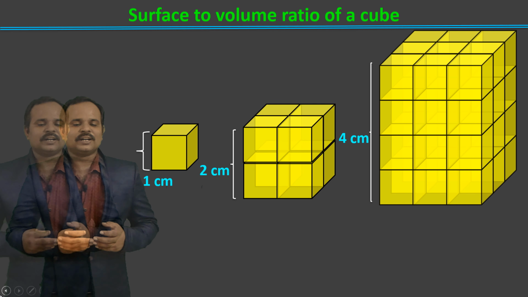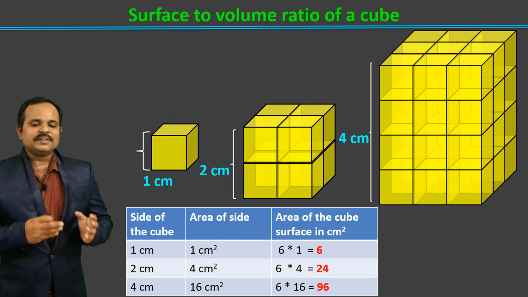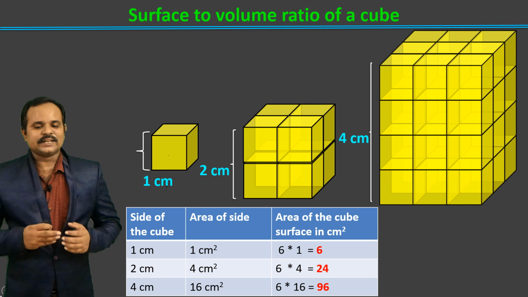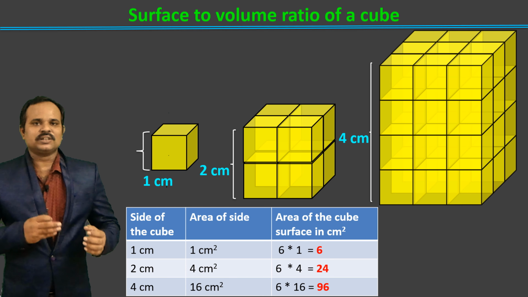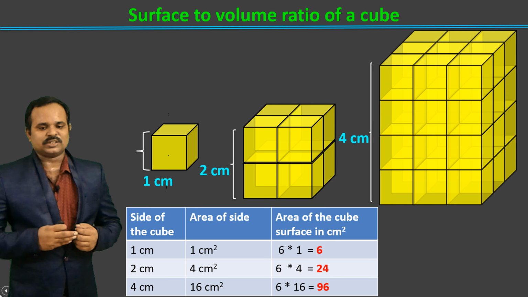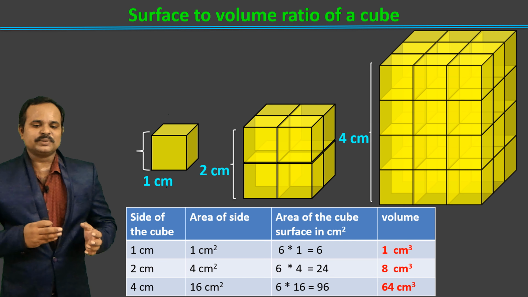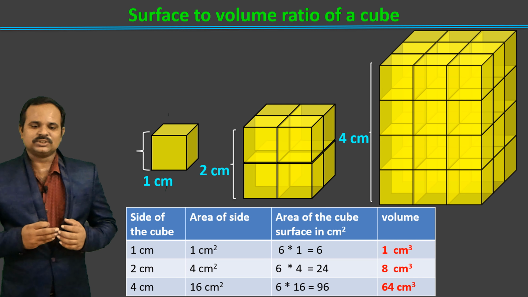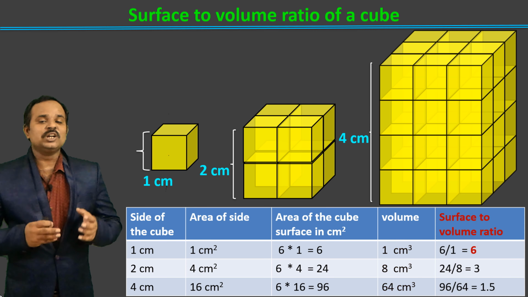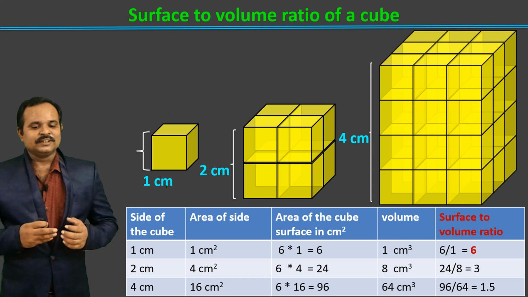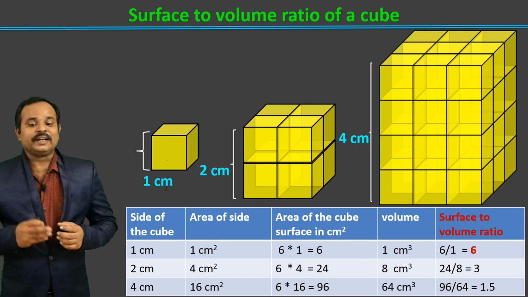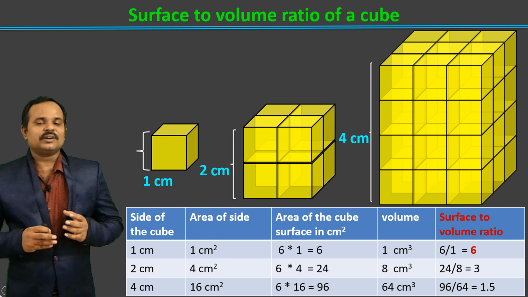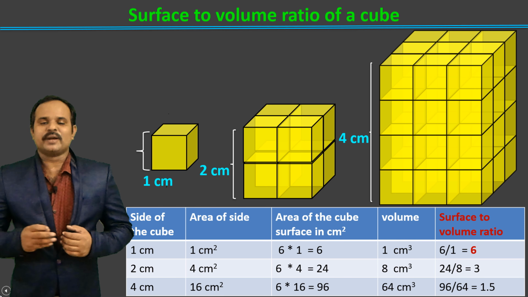As you can see in the tabular form, the surface area of the first cube is 6 centimeters square, the second cube is 24 centimeters square, and the third cube is 96 centimeters square. And the volume of the first cube is 1, second 8, and the third is 64 centimeter cube. Now the surface to volume ratio, if we calculate, for the 1 centimeter cube it is 6, second 3, and the third cube it is 1.5.